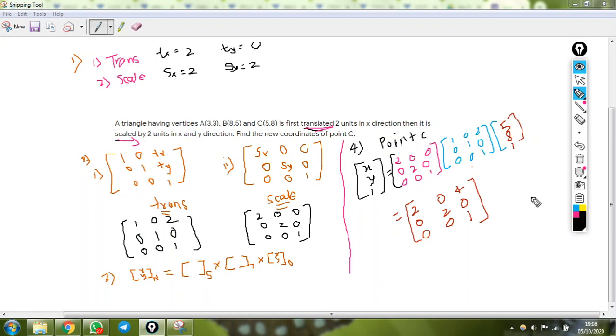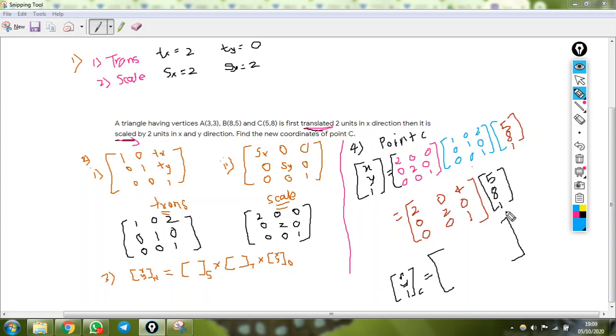Now you just need to multiply this with the coordinates of point C, 5 8 1. It will give you the values of x, y and 1 for point C. So do the multiplication. First row, first column.